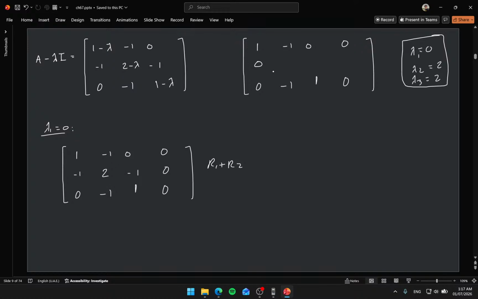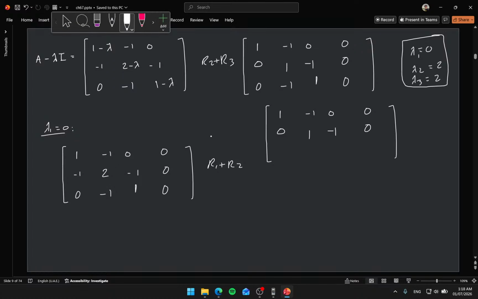Negative 1 plus 2 is 1. 0 plus negative 1 is negative 1. And 0 plus 0 is 0. Next, we combine row 2 with row 3, so we delete row 3. And then 0 plus 0 is 0. 1 plus negative 1 is 0. Negative 1 plus 1 is 0. 0 plus 0 is 0.